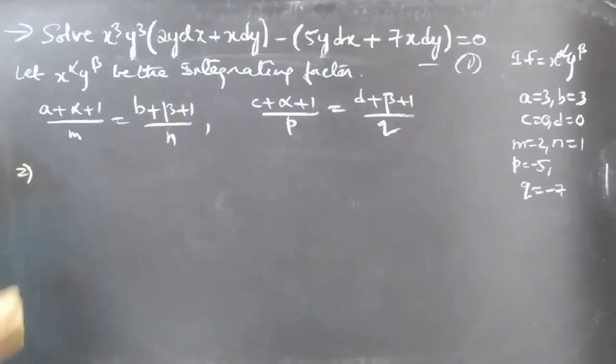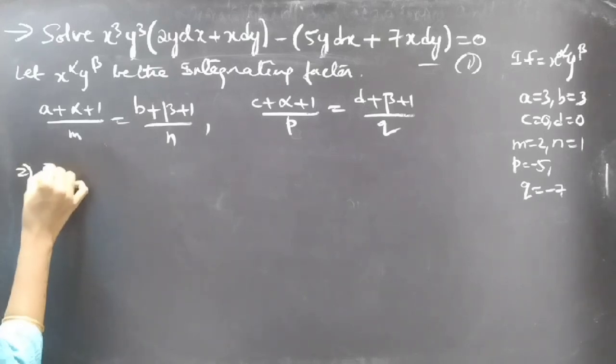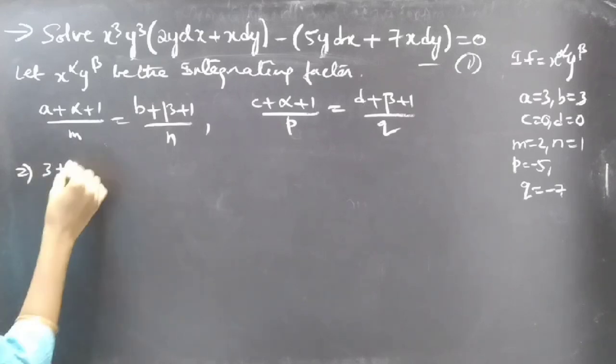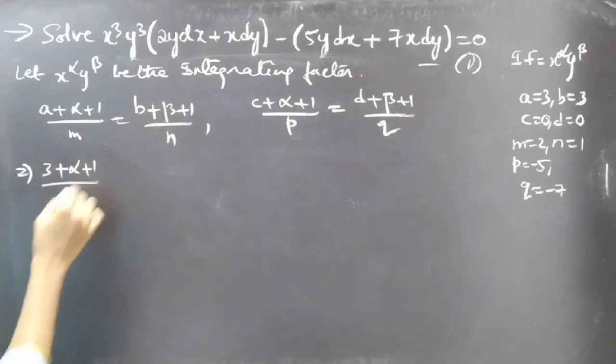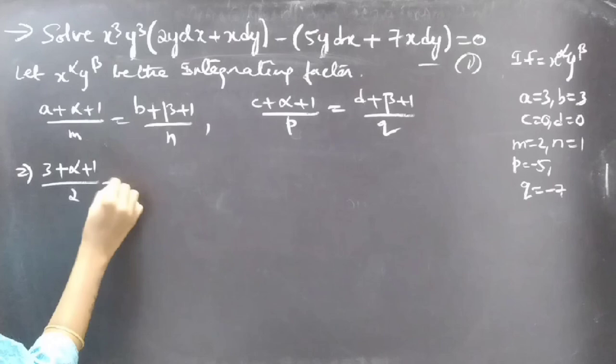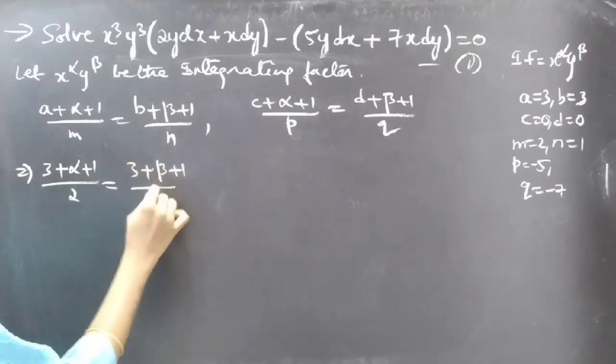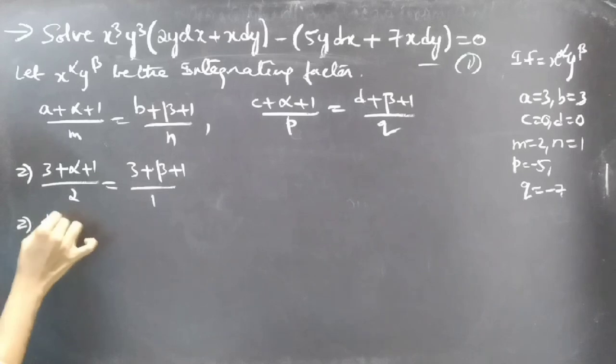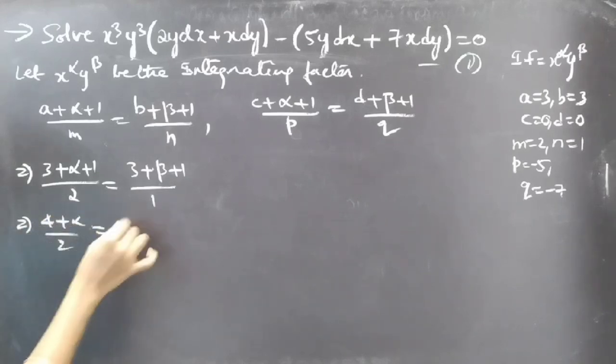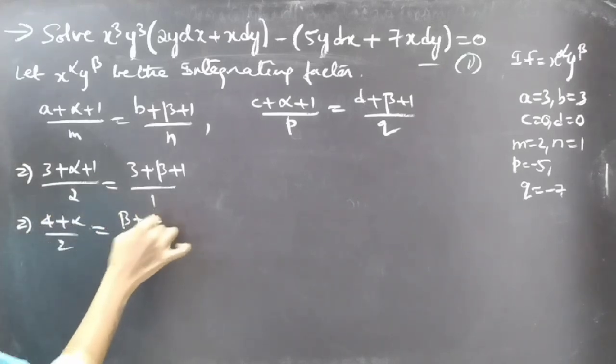We have the values of unknowns here, so let's substitute and find two equations. From the two equations we'll find alpha and beta. So we have a 3 plus alpha plus 1 by m 2 equal to b 3 plus beta plus 1 by n 1, which gives us 4 plus alpha by 2 equal to beta plus 4 by 1.